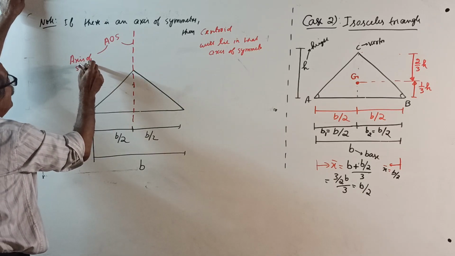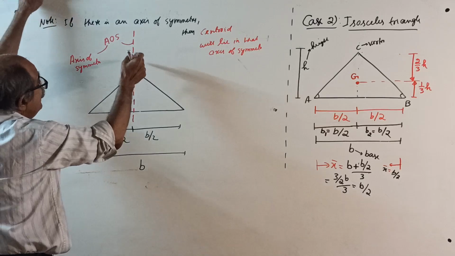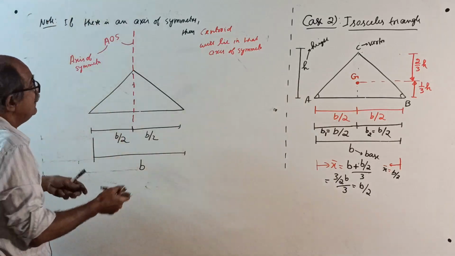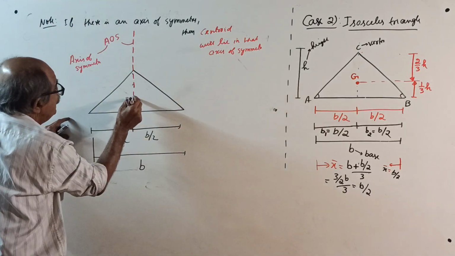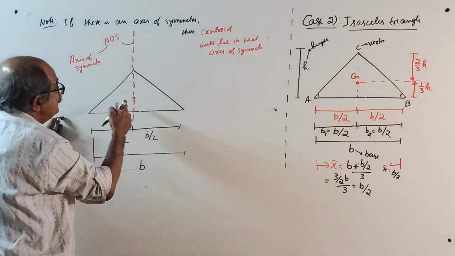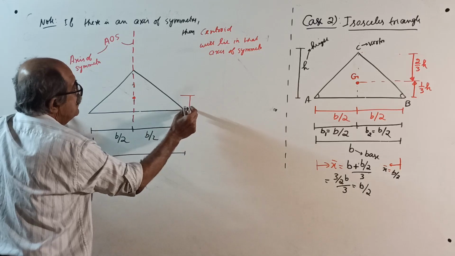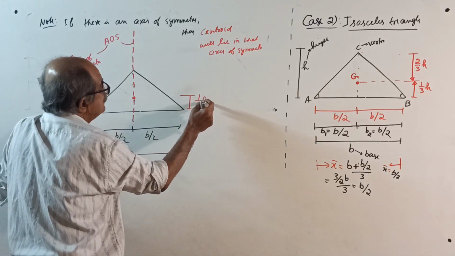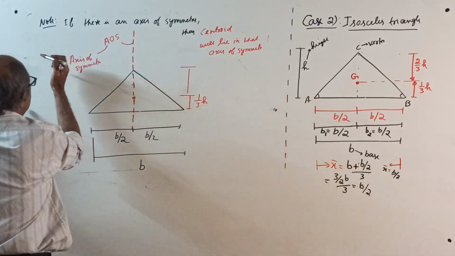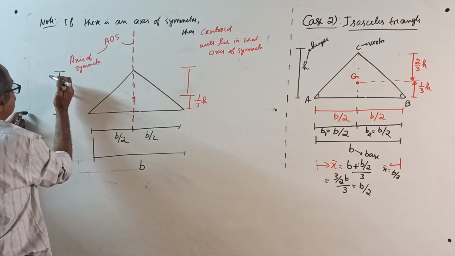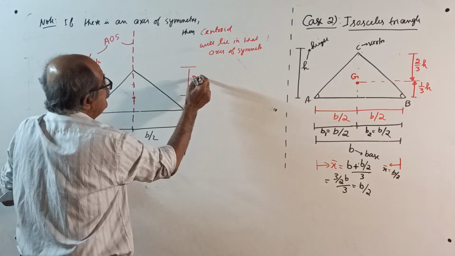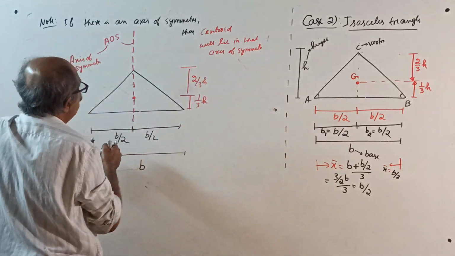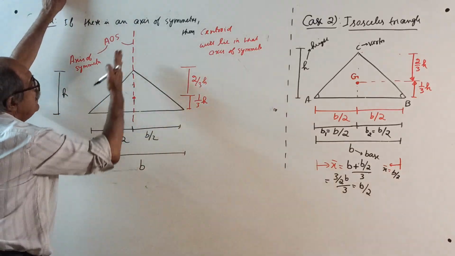Axis of symmetry. So, the centroid lies on this axis, where you know height wise it is here, and width wise at the center. So, this will be 1 by 3 of H. This is H actually, I forgot to write H here. So, this is H, and this will be 2 by 3 of H. This way you have to locate it, but width wise it is at the center.